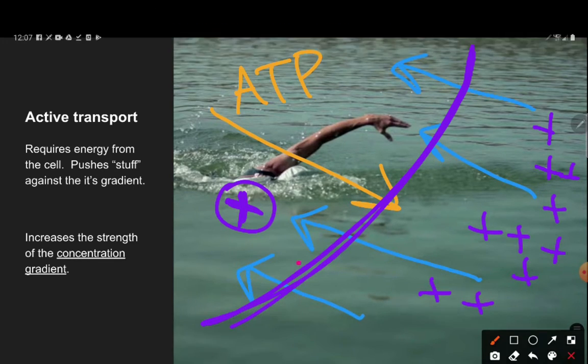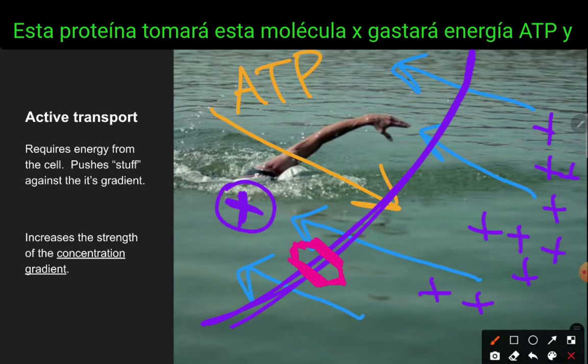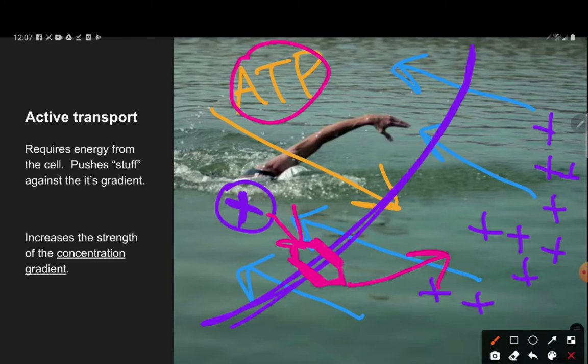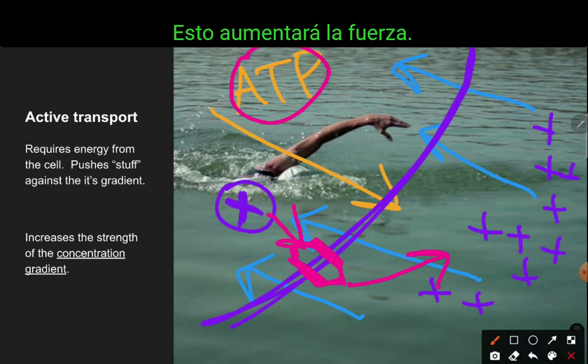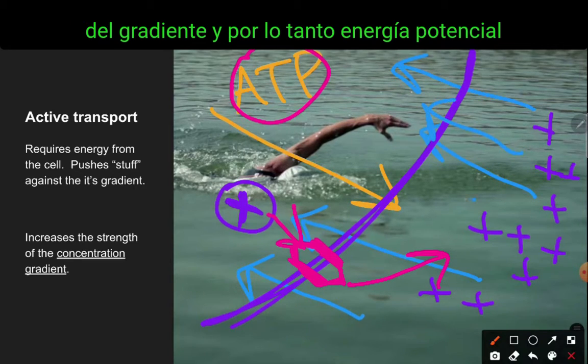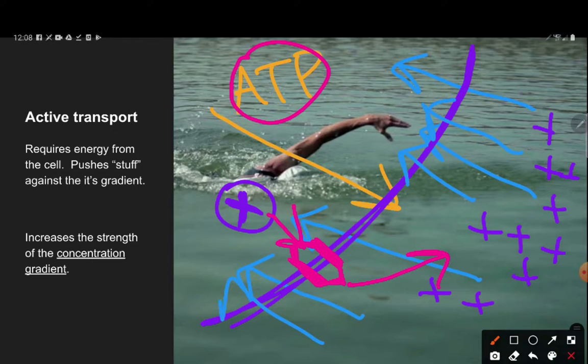We can use pink. This protein will grab this X molecule, spend ATP energy, and throw it against the gradient. This will increase the strength of the gradient and therefore potential energy.